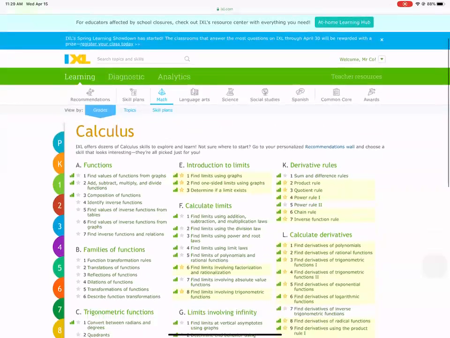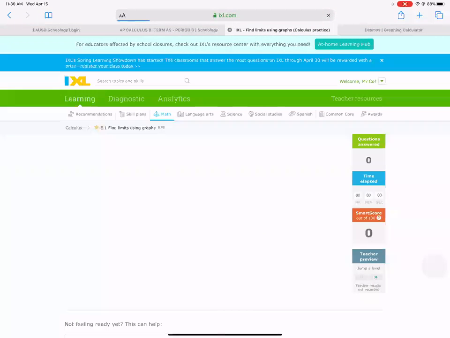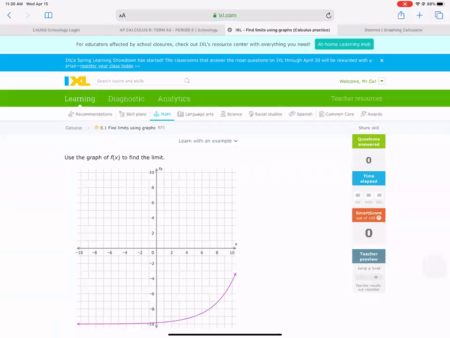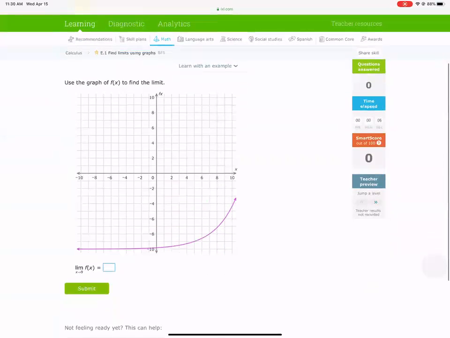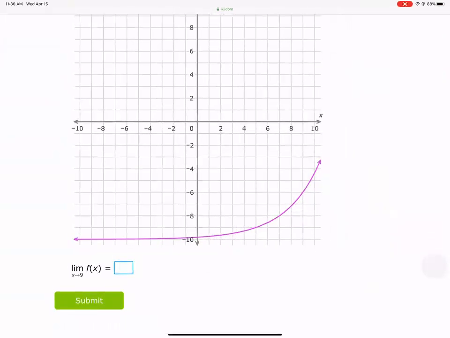And right on the top, where it says find limits using graphs, or find one-sided limits, and then determine if the limit exists. So I'm gonna just skip through these really quickly. Okay, first question. What does the graph look like at 9?